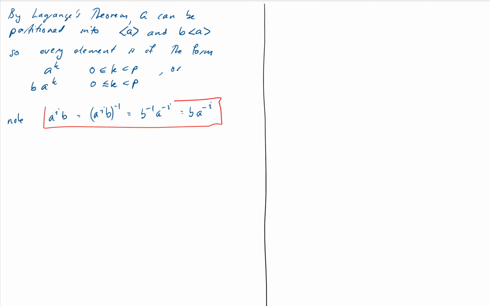Basically because we're on the order 2 side of things, this element here is its own inverse, which means if we need to, we can bring B to the other side of an A by using this operation here.